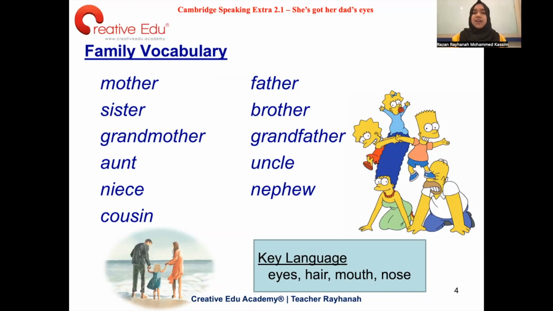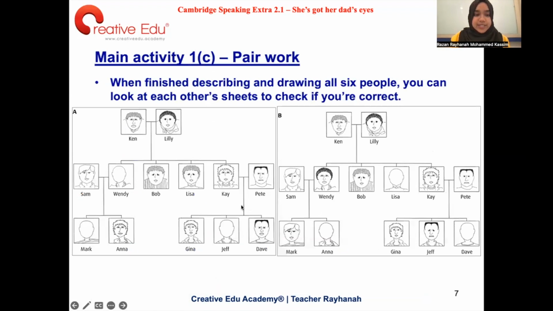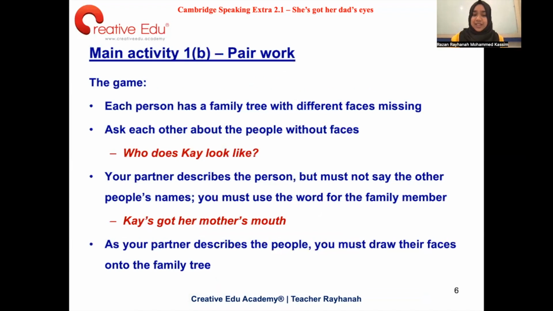You cannot say, K has Ken's eyes. You cannot say that. You can only say K has his father's eyes. Okay, got it? So that's how you describe the person using the word for the family member.